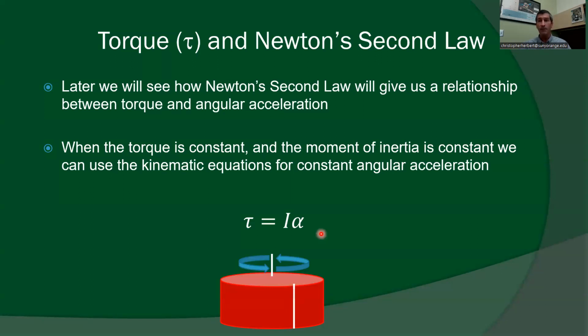Okay, so again, this is going to be another version of Newton's second law, but for a rotating body, and that's when the kinematic equations can be used. So again, kinematic equations are useful when we have something constant, such as the acceleration. We're just making the angular acceleration constant here.